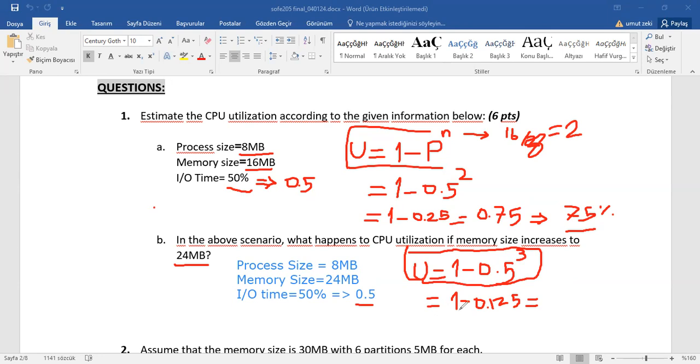So 1 minus 0.125 is 0.875, which means 87.5%. So this is the utilization.